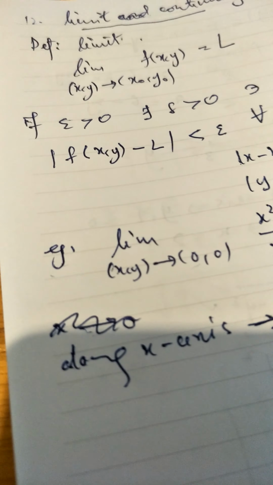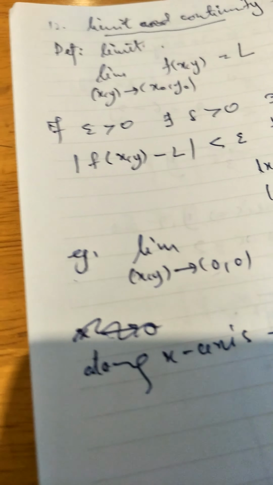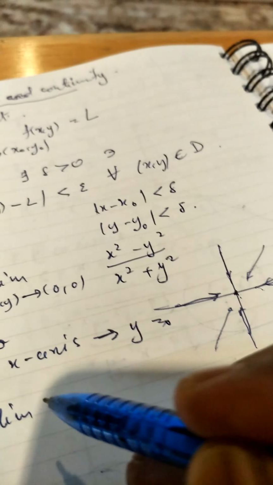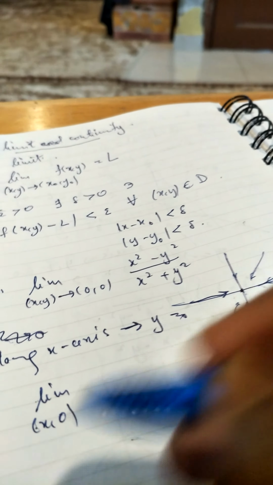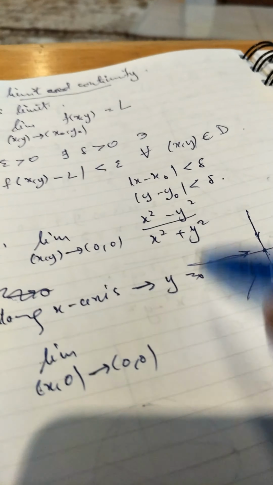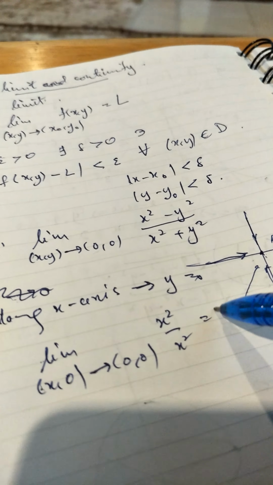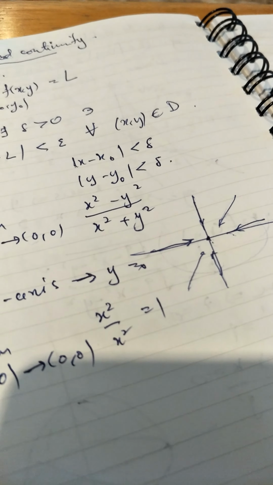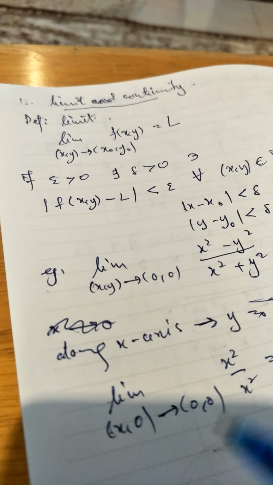So what happened here, you take the limit along y equals 0 as (x, y) approaches (0, 0) of this function. We have x squared over x squared, that gives you 1. Okay, and that's along the x-axis.